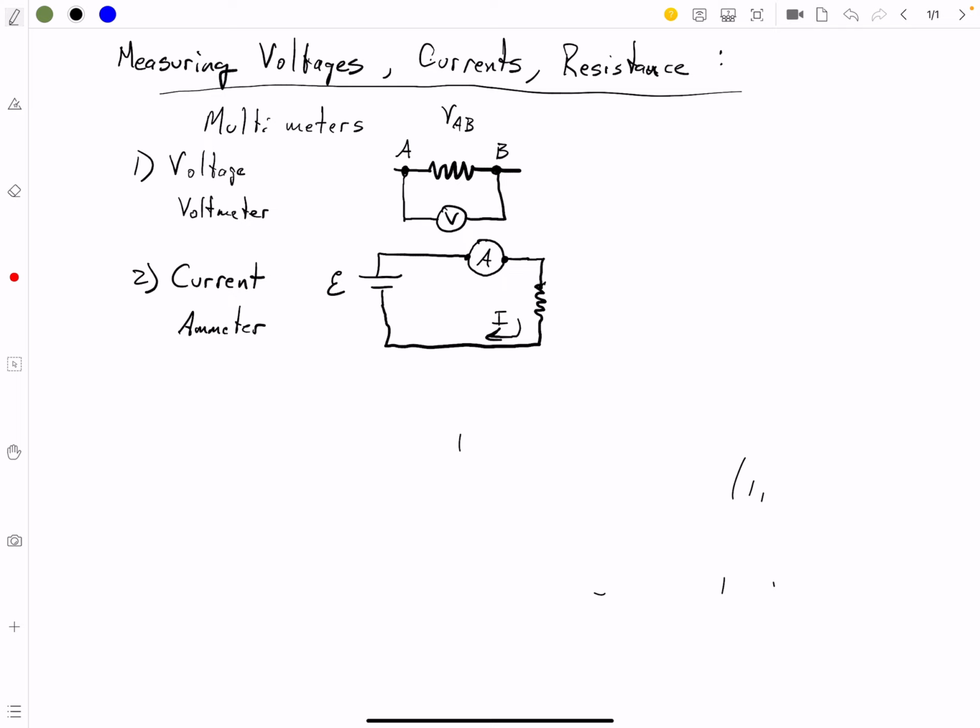It is inserted in series, in series with the wire that we want current through.